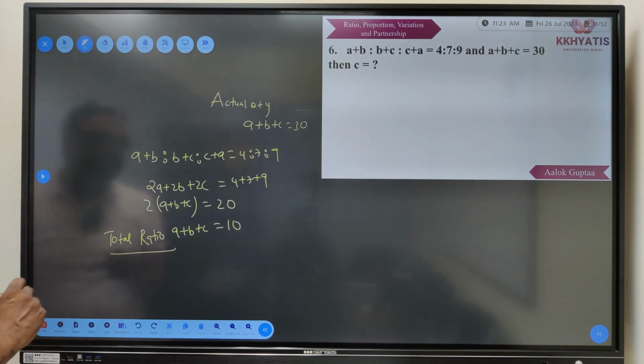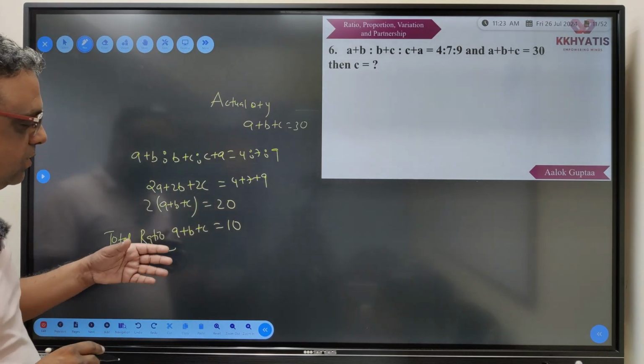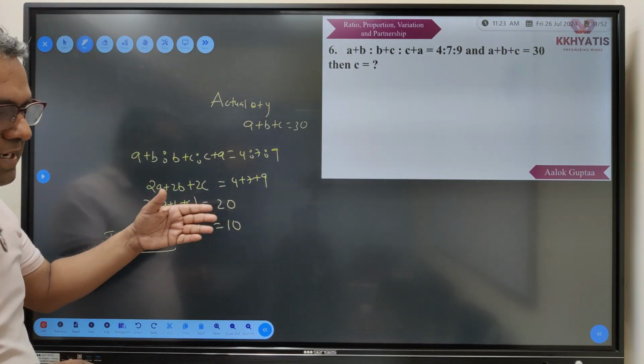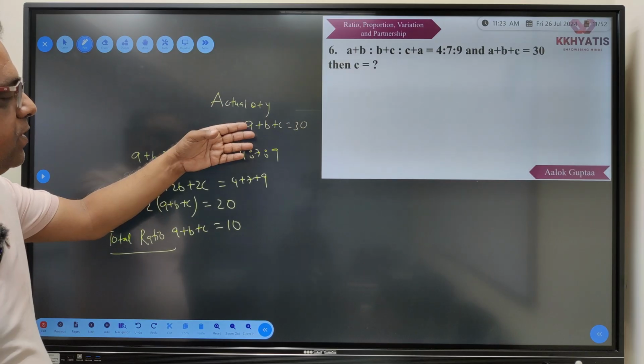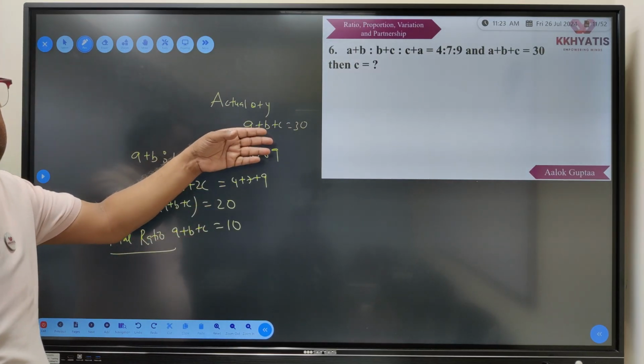Correct? So one ratio is 10 and in actual quantity, the total of ratio is 10 and in actual quantity is 30.